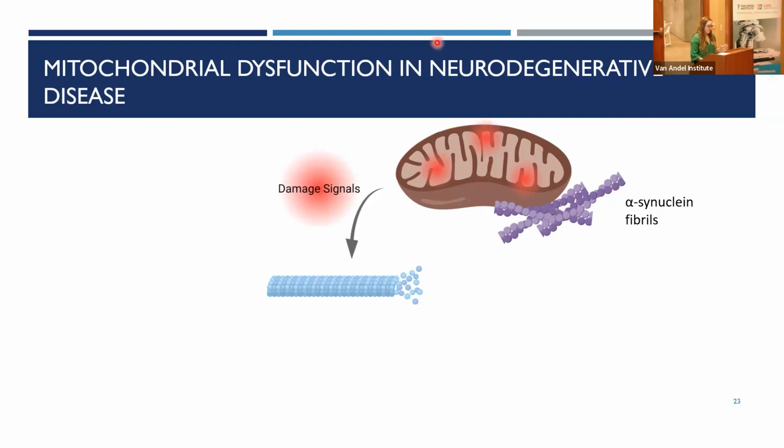But when these damage signals become too much or too close to the microtubules that I talked about in the beginning, it can actually damage them. So when there's too much of these damage signals in the cell, we harm the microtubules to the point that they start degrading and the tau falls off that we talked about in the beginning.